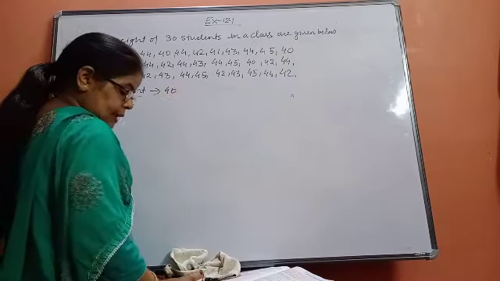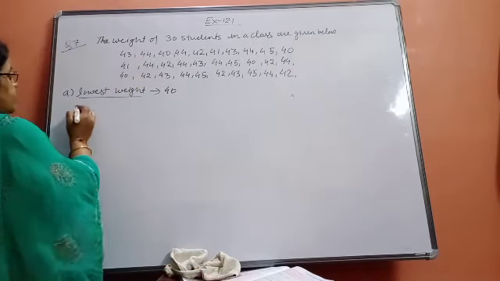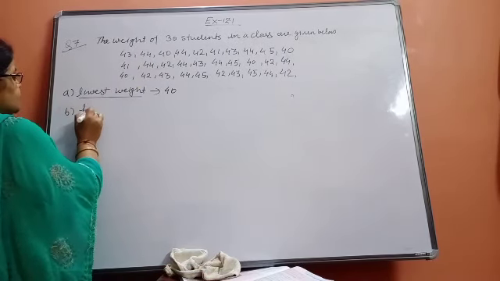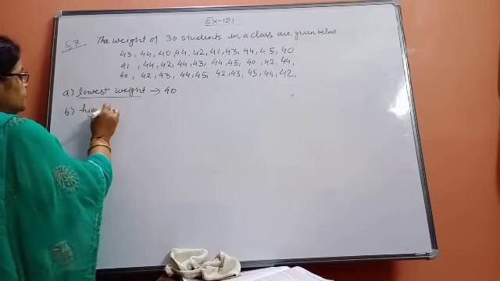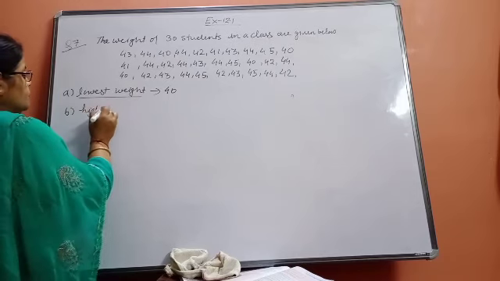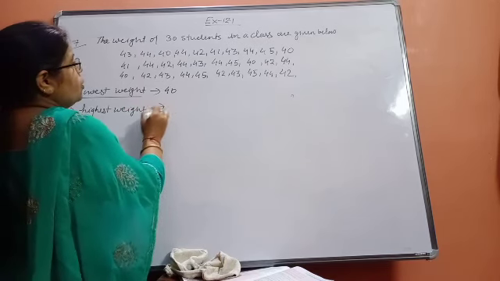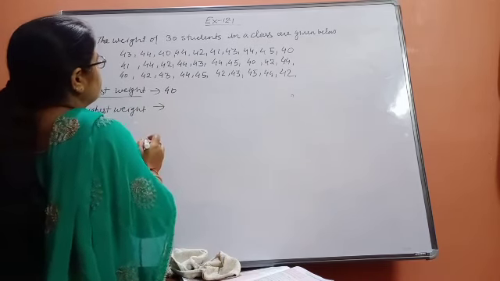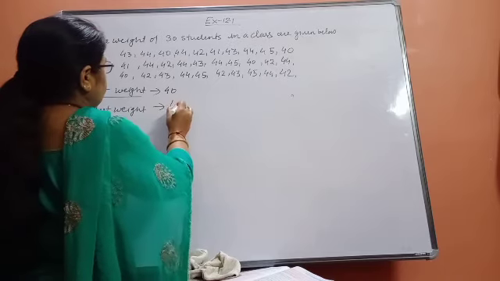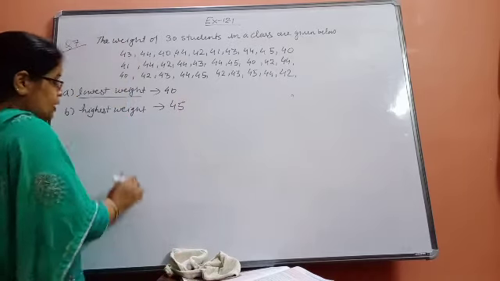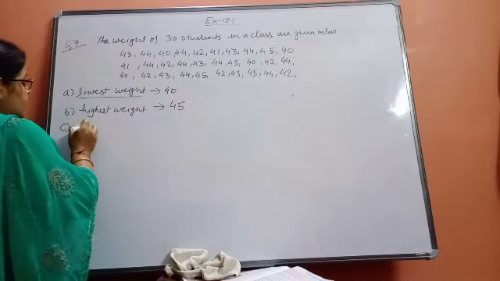Then what is the highest weight? B part, highest weight is equal to, according to me, 45 maybe. So it will be 45. In C part, you have to find the range.